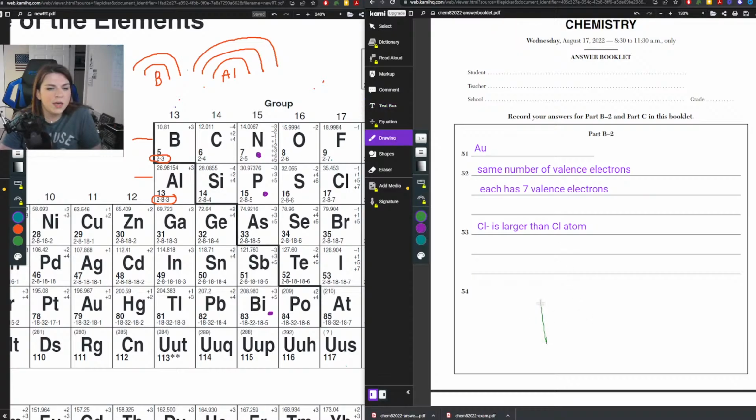we have to draw the F, and then we need 7 dots, kind of as if they were on sides of an imaginary box. No more than 2 dots per side. It doesn't matter which side gets left over with the single one. It could be the top, bottom, left, or right, but that's the acceptable answer.